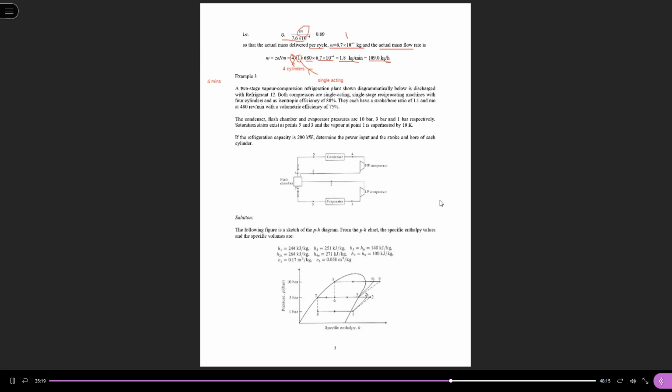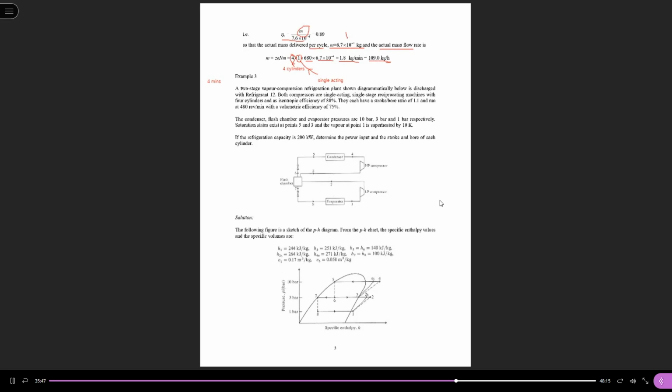Okay, now let's work on example number 3 together. Example number 3 is a different type of two-stage vapor compression refrigeration plant, with a flash chamber, but there is direct contact of the refrigerants in the different loops.